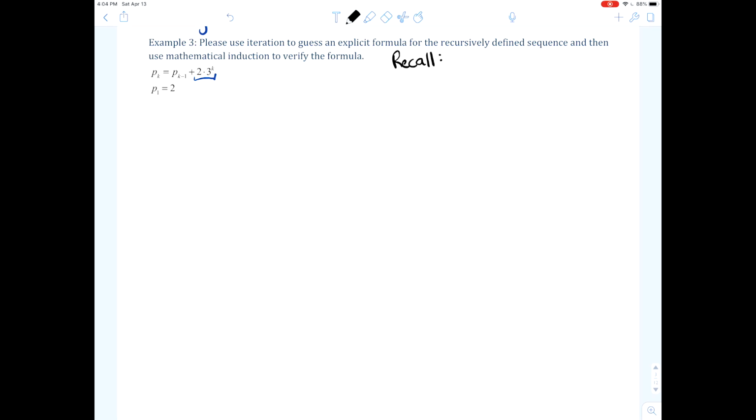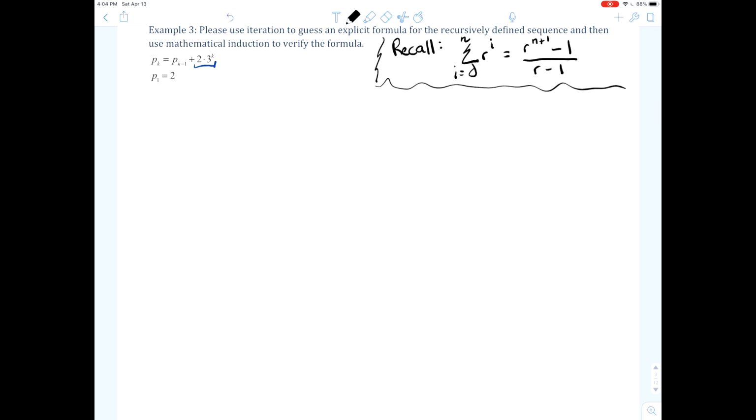So it turns out that the summation from i equals 0 to n of r to the i is equal to r raised to the n plus 1 minus 1, divided by r minus 1. So we're just going to kind of put this in our back pocket until we might need it. All right? So let's just start finding some terms and looking at a pattern.